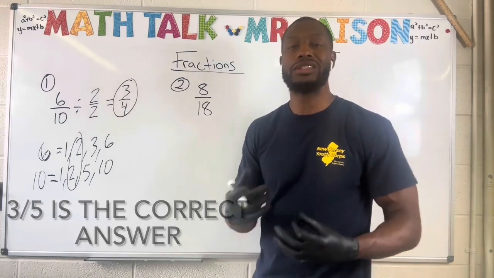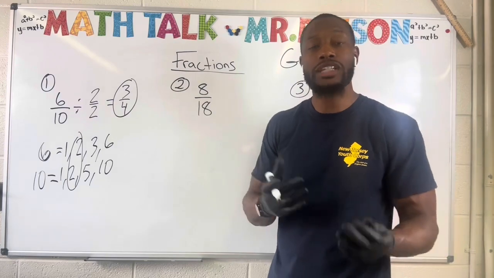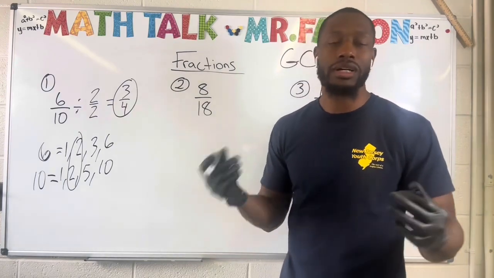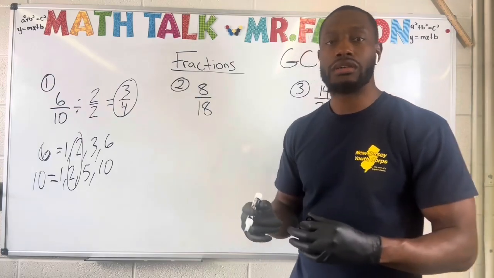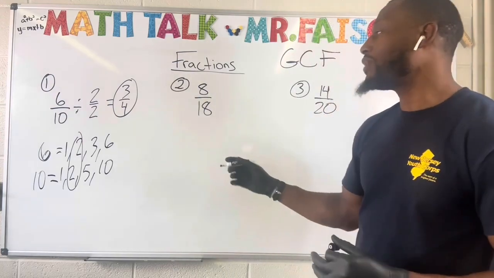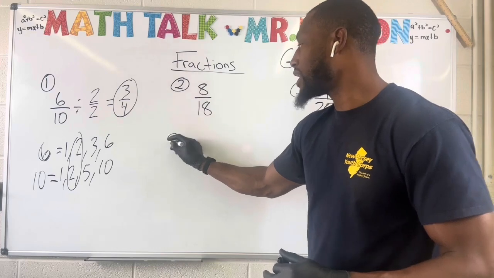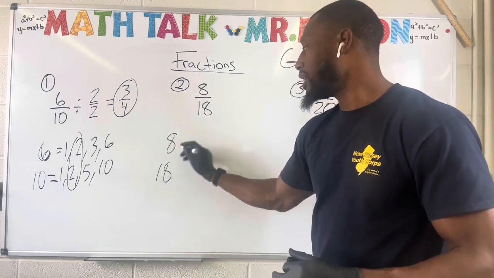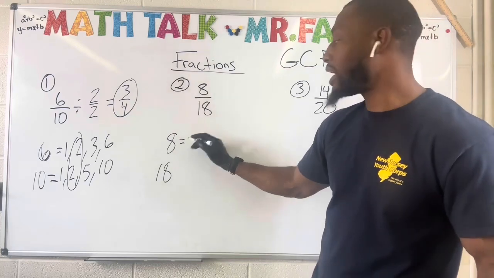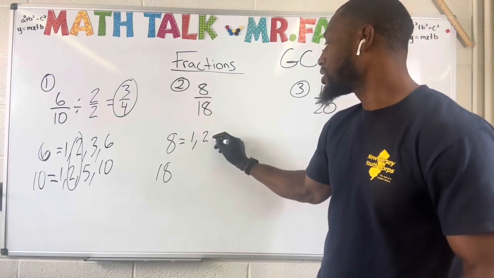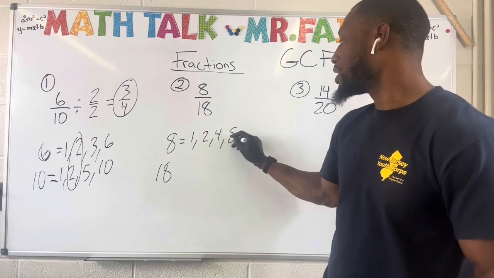Now that might seem like a lengthy process, but as you get better at it, it becomes second nature. You don't have to write it down, you can kind of visualize it, right? This next one we have, 8/18. I'm gonna do the same thing. I know my factors: for 8, it's 1, 2, 4, and 8.